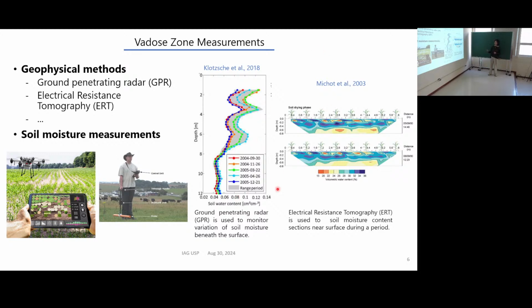This is one of the famous early geophysical methods to look at soil moisture. Maybe you were even introduced to this paper in your class. And in this one, they particularly looked at how different vegetation roots cause soil moisture variation using the ERT method. So this is some of the examples here.